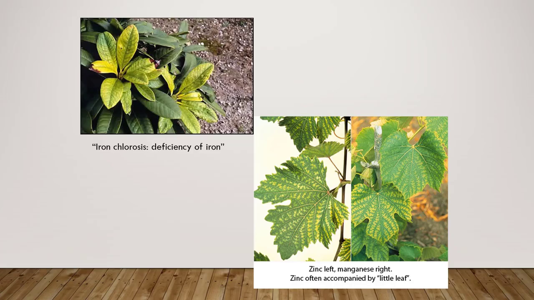Once they start getting up around neutral in pH, they will get this kind of damage, and it's an immobile nutrient, so it's going to be the new growth that shows up this way. And here on the right we have zinc and manganese, zinc being on the left and then manganese on the right.